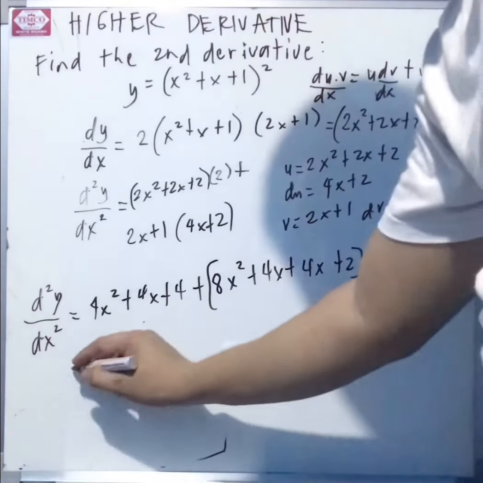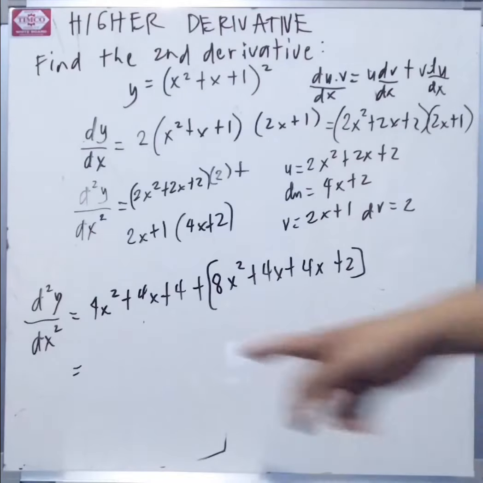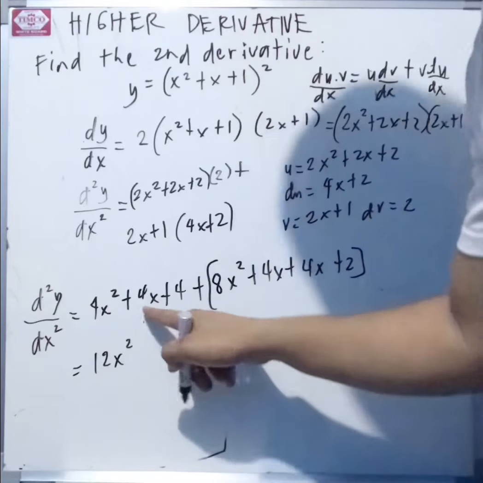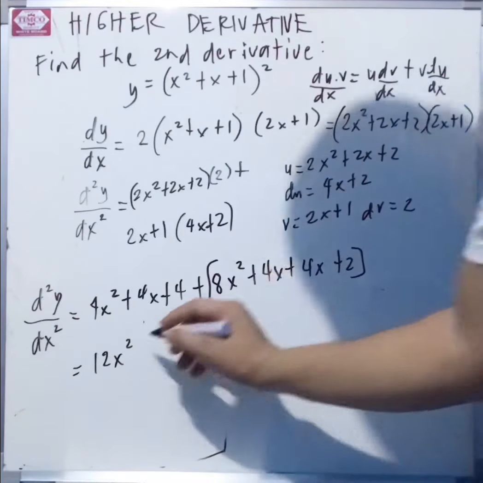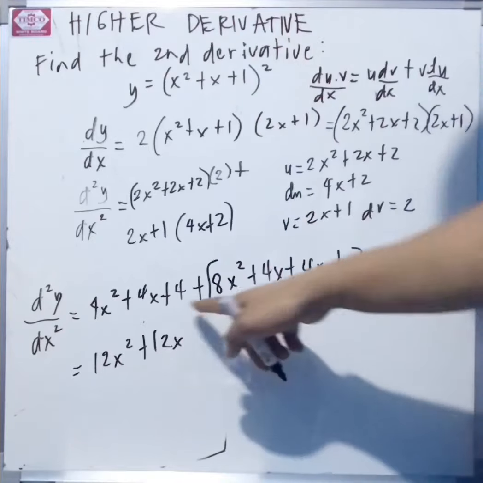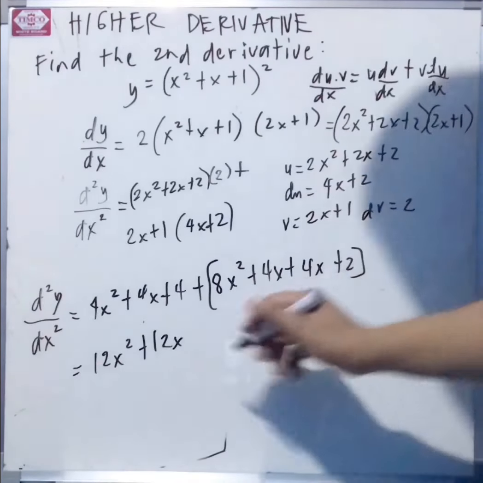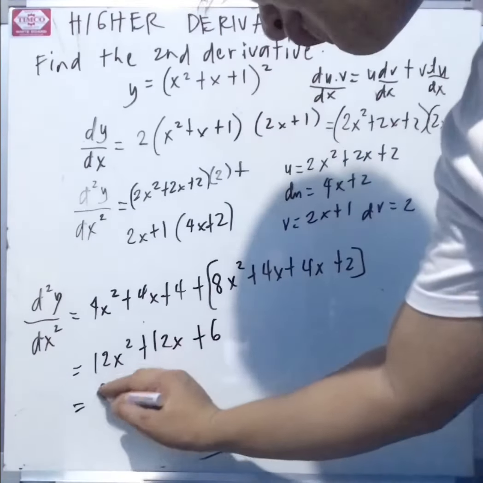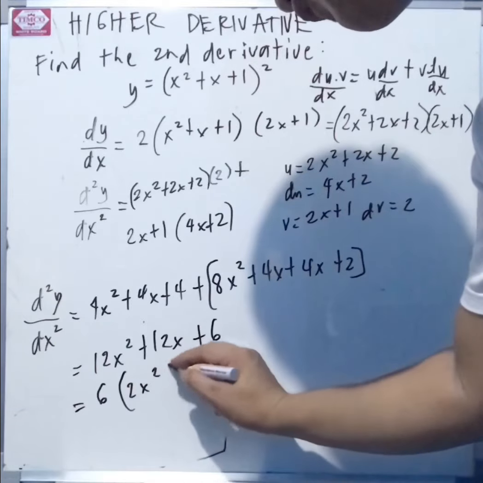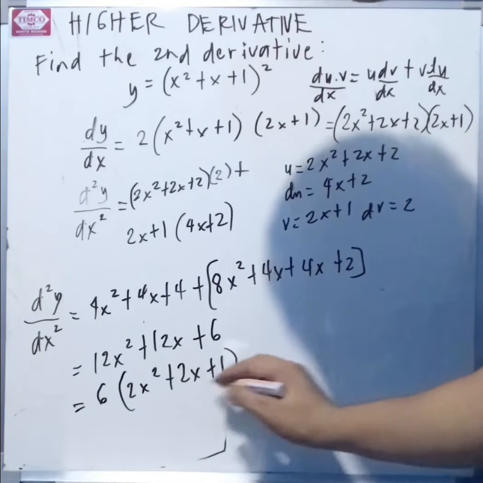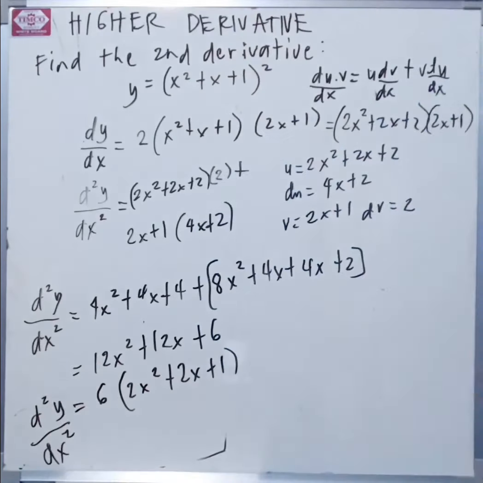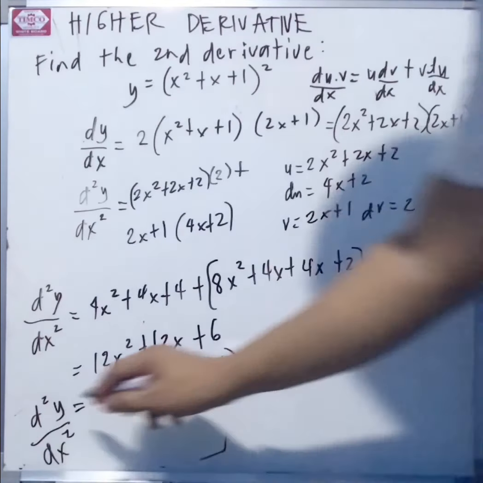Combining like terms, 4x squared plus 8x squared is 12x squared. 4x plus 4x plus 4x is 12x. 4 plus 2 is 6. So we factor out the common factor 6. We have 6 times (2x squared plus 2x plus 1). This is the second derivative of the equation y is equal to (x squared plus x plus 1) squared.